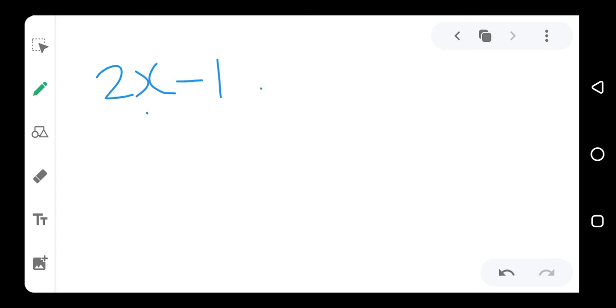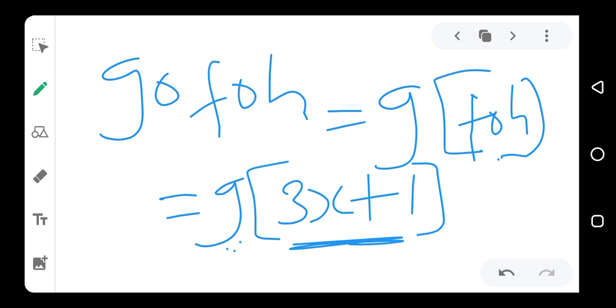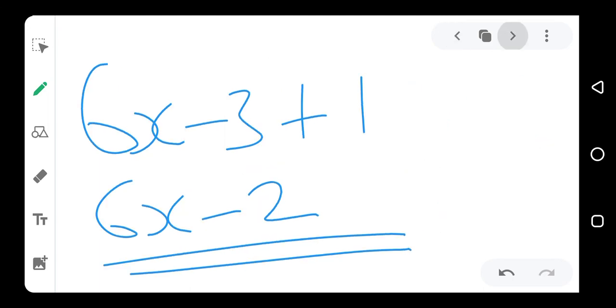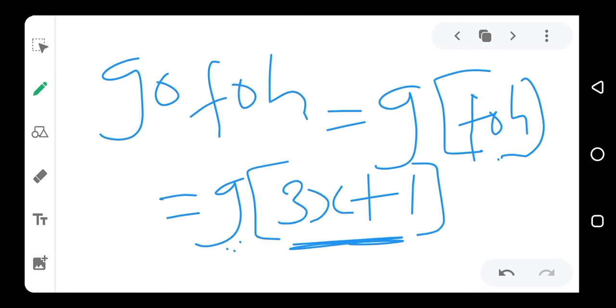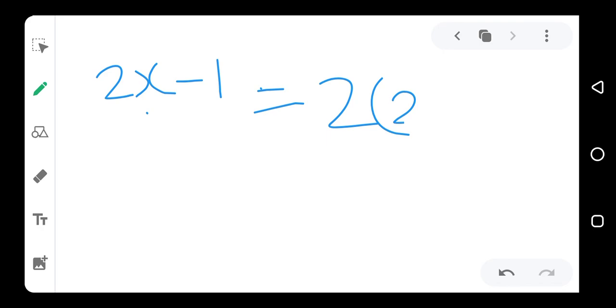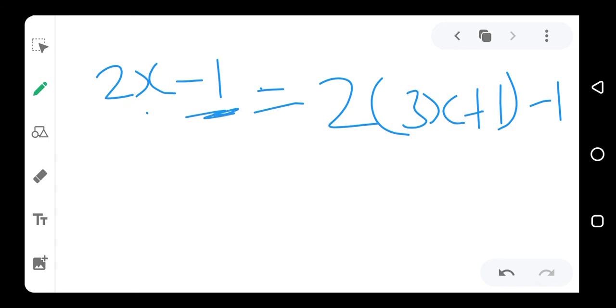Now it is going to give us 2 brackets 3x plus 1, then minus 1. This whole thing represents the x here.